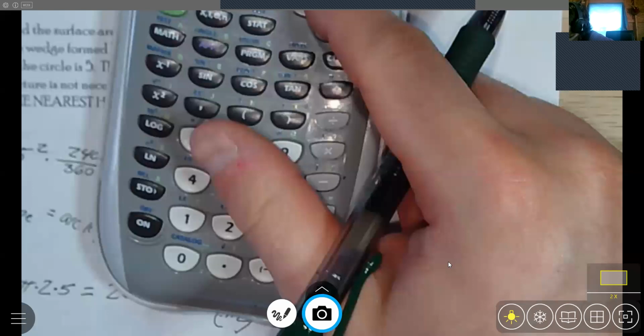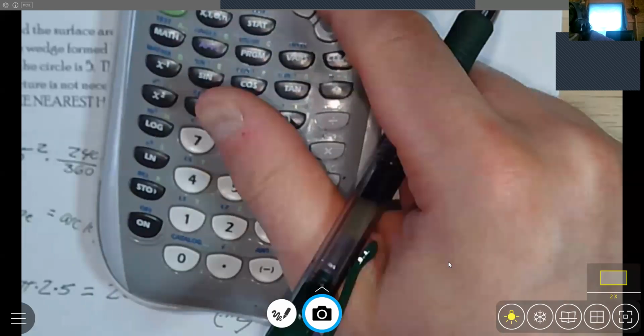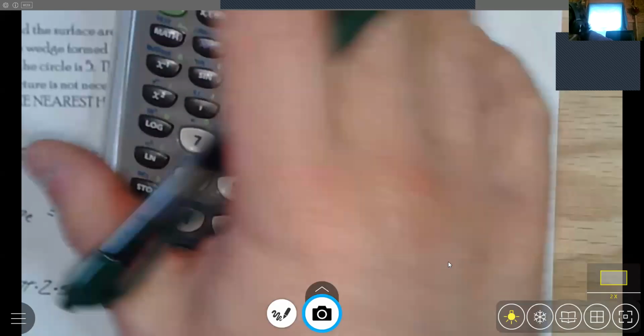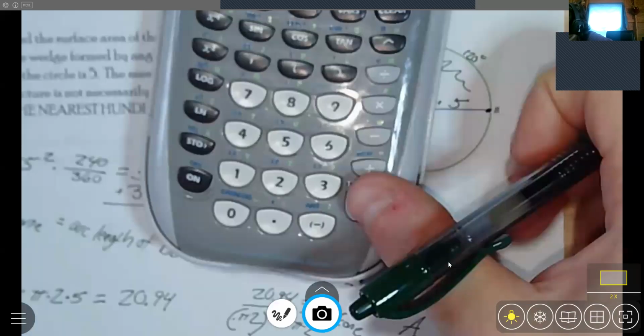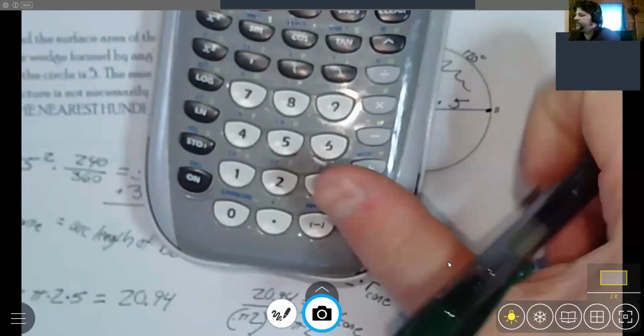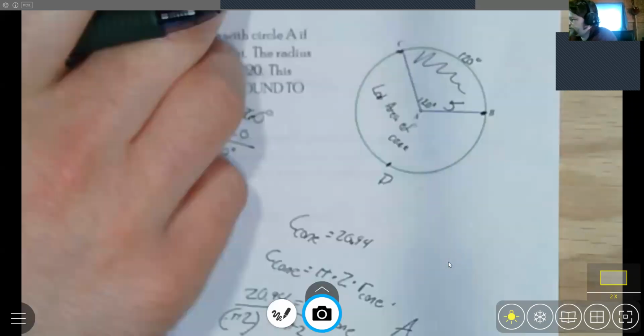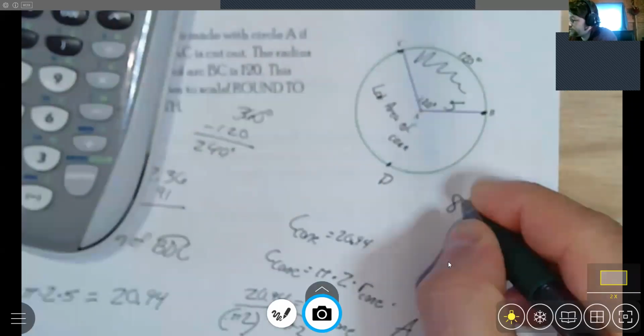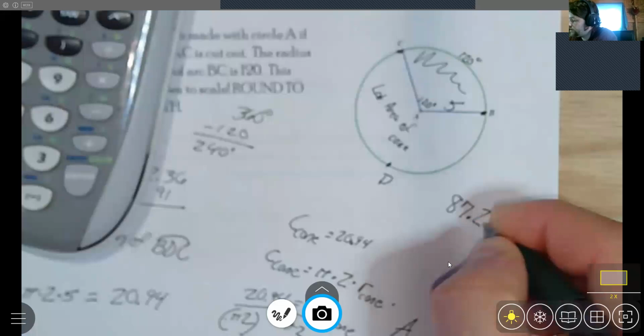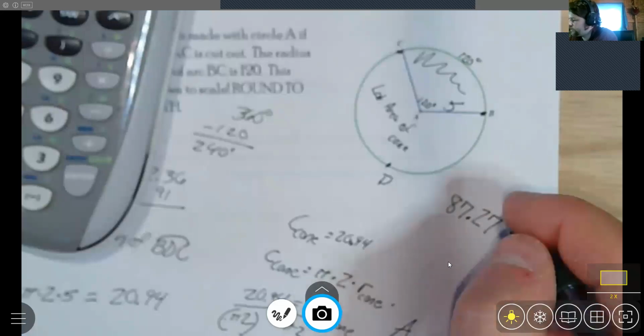And then I'm going to add that to the 52 number. I'm not going to round until the very end. So rounding to the nearest hundredth, 87.27.